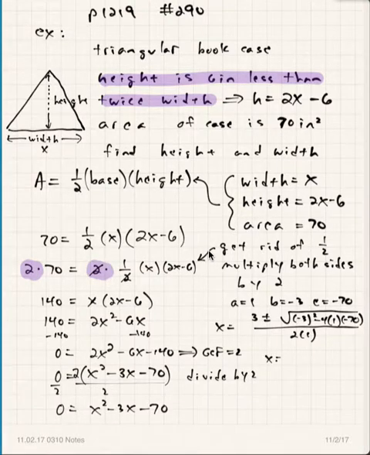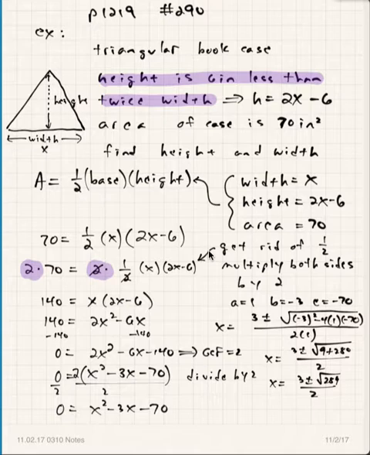So you get x equals 3 plus or minus the square root of 9 plus 280, over 2. And so that gives me 3 plus or minus the square root of 289 over 2. And believe it or not, 289 is a perfect square. That is 17 squared. And so you get x equals 3 plus or minus 17 over 2.